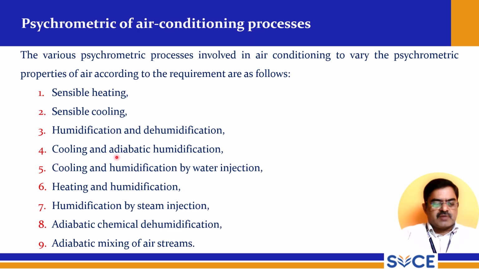We will see cooling and adiabatic humidification, and cooling and humidification by water injection. So these three processes we will see in this part. In the next part we will see heating and humidification, humidification by steam injection, and adiabatic chemical dehumidification, and then in the next session we will see adiabatic mixing of air streams.